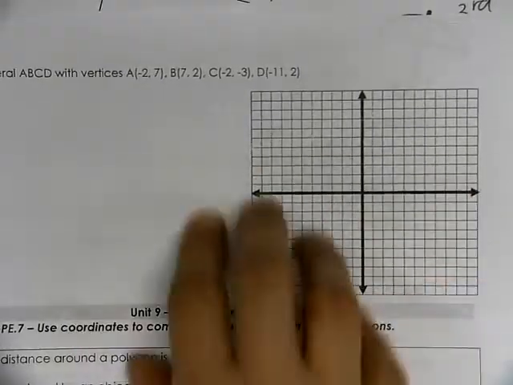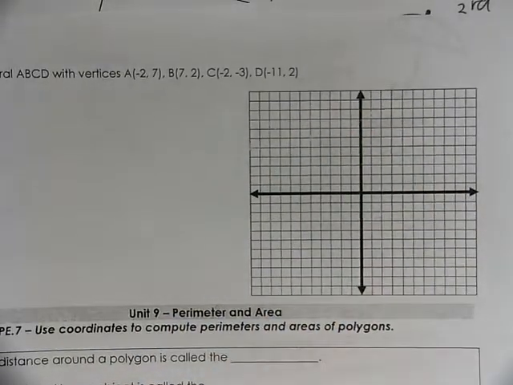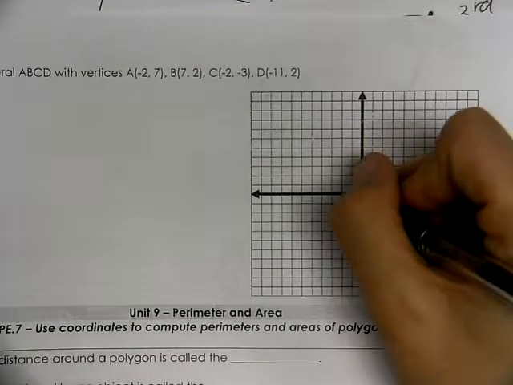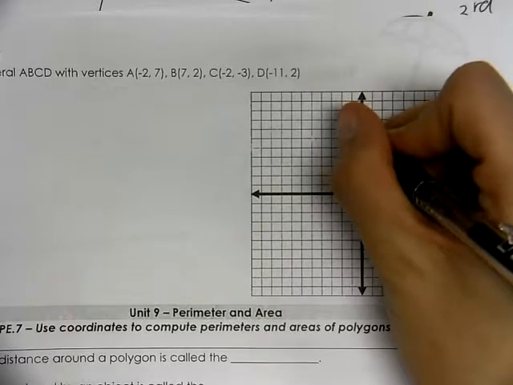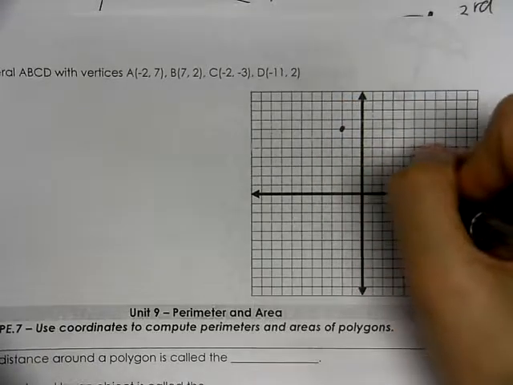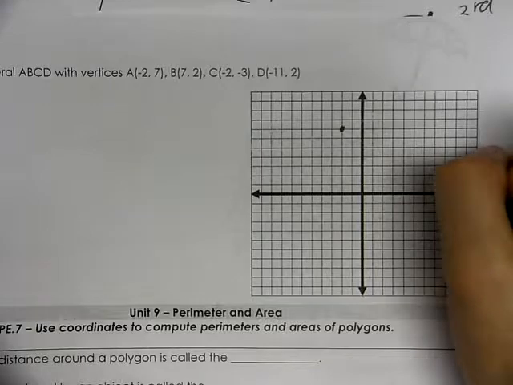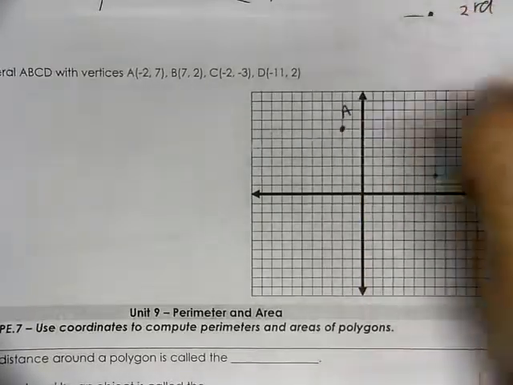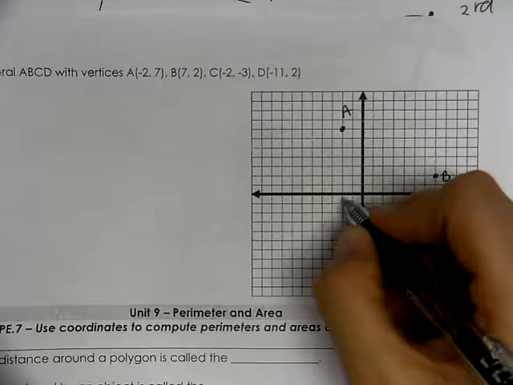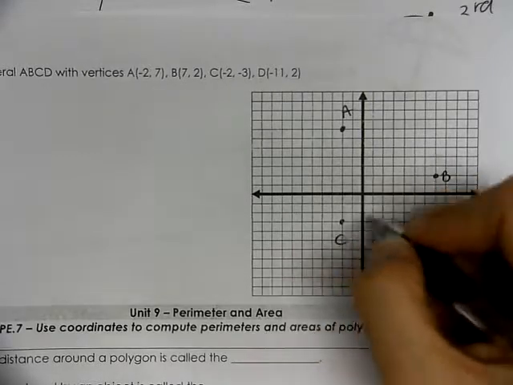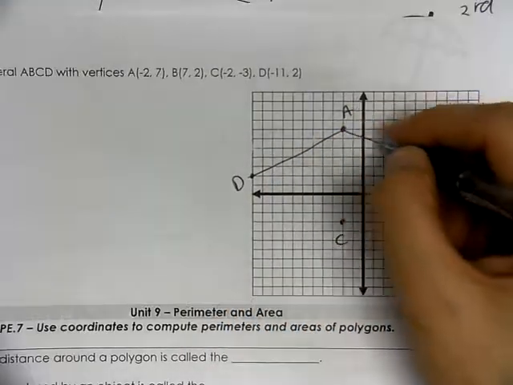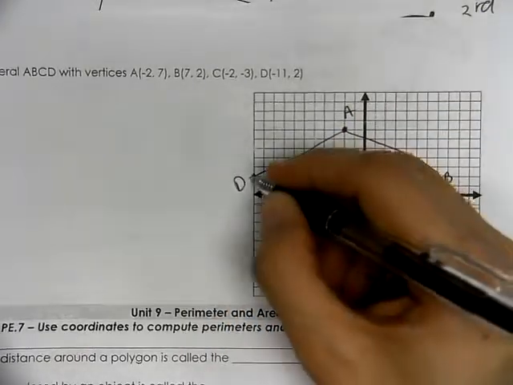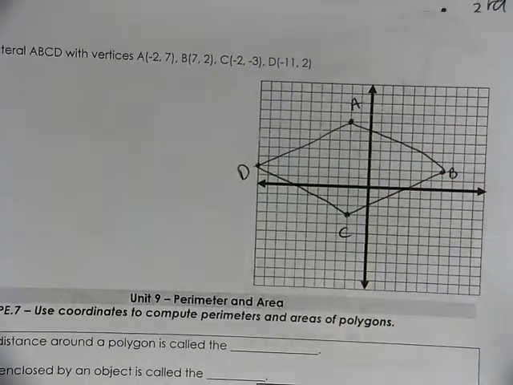So you can just plot A, B, C, D like normal. So you can plot this one like normal.